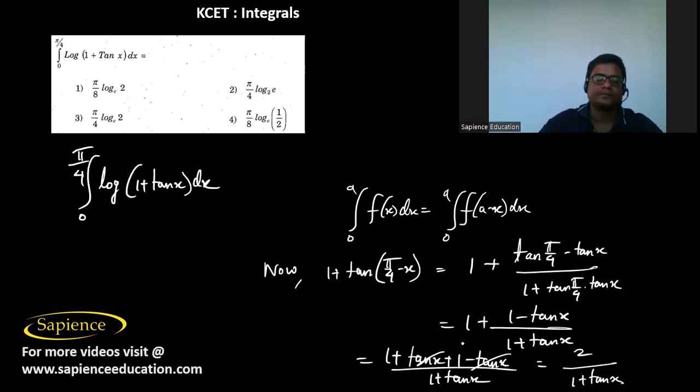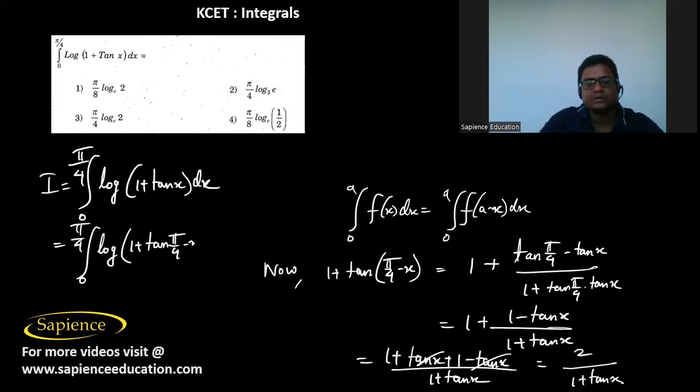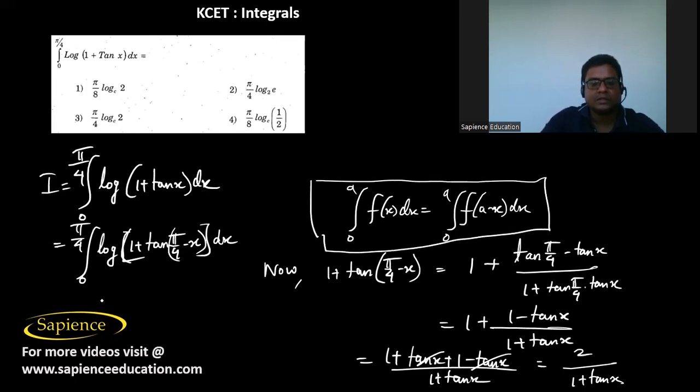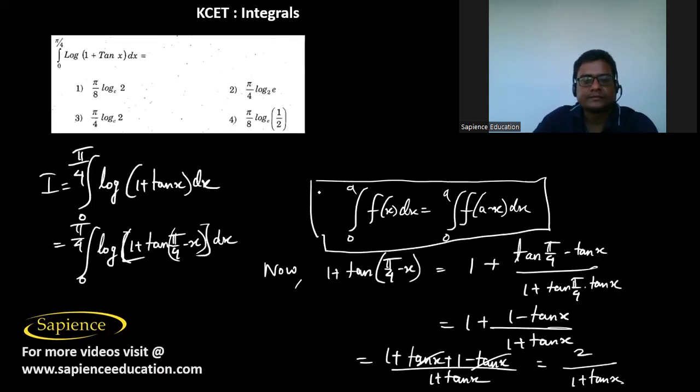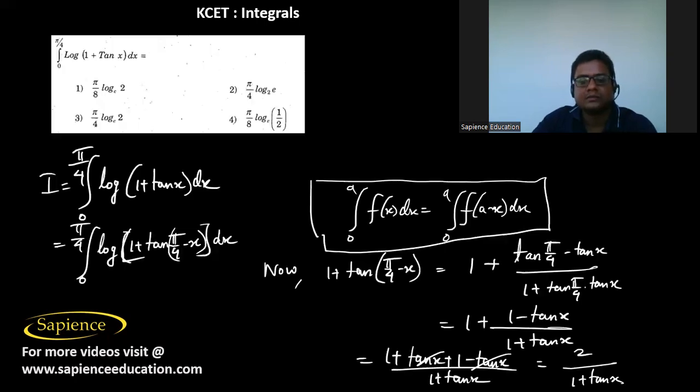So this integral I can also be written as integral 0 to pi by 4 log of (1 plus tan of (pi by 4 minus x)) dx, which is integral 0 to pi by 4 log of 2 by (1 plus tan x) dx.